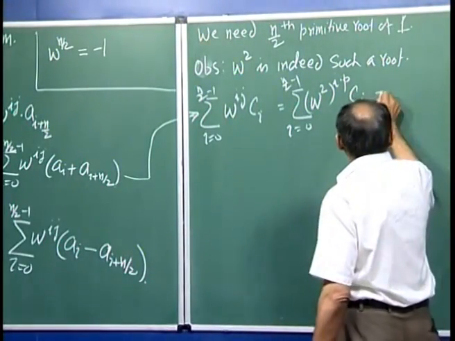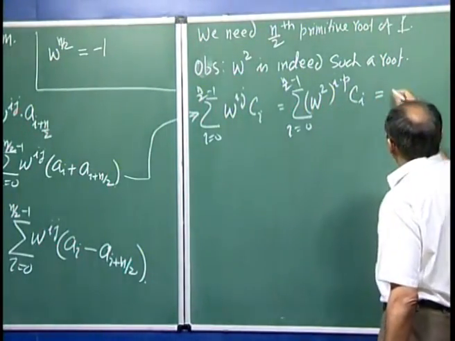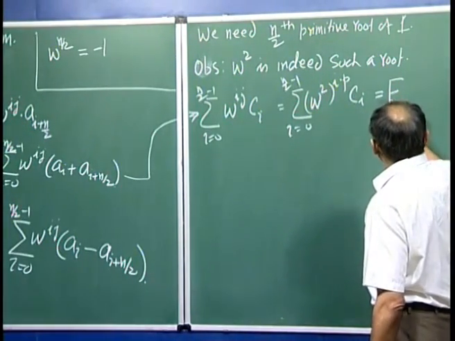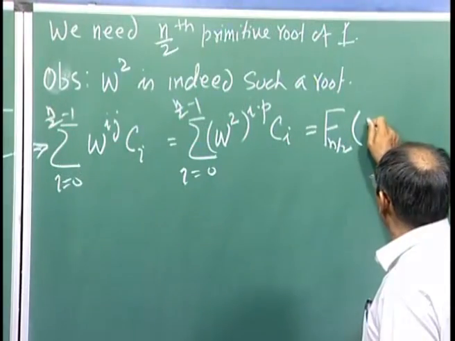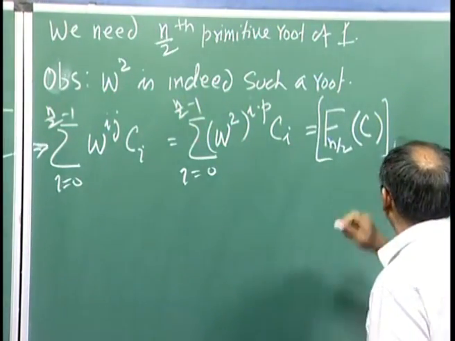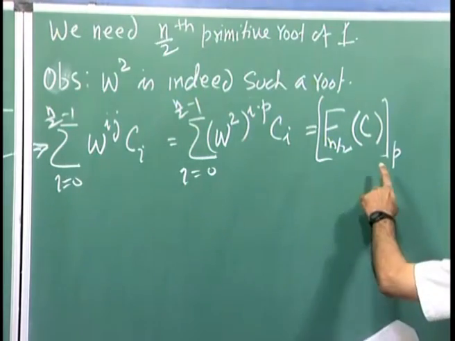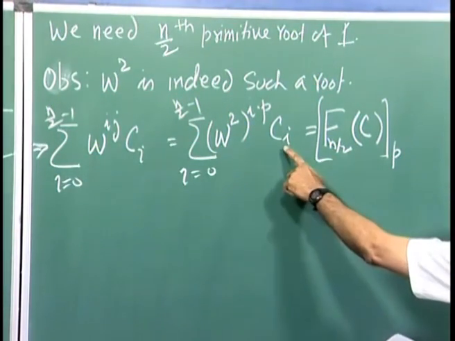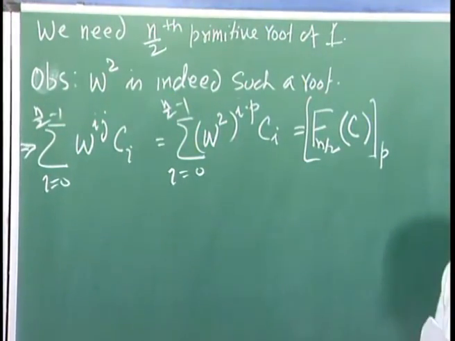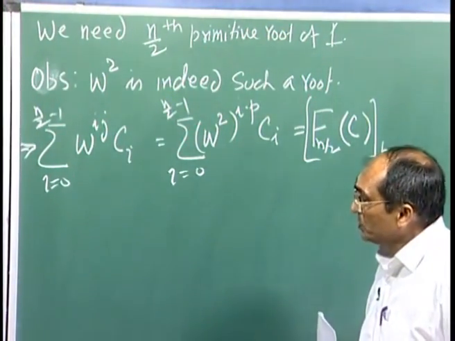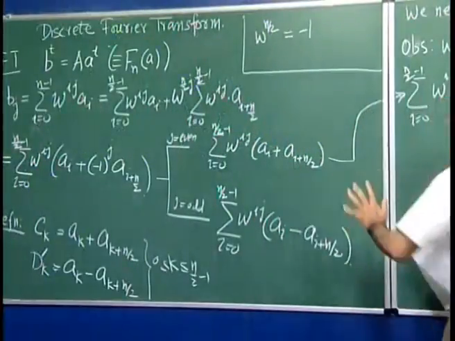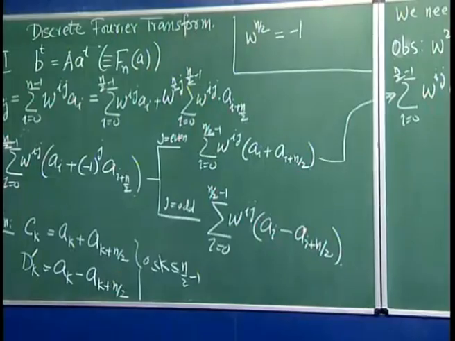And now this is the pth component of the Fourier transform of this vector. So, we are now successful in transforming this into a Fourier transform problem of half size.